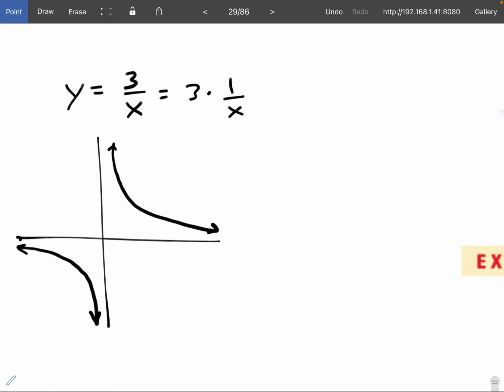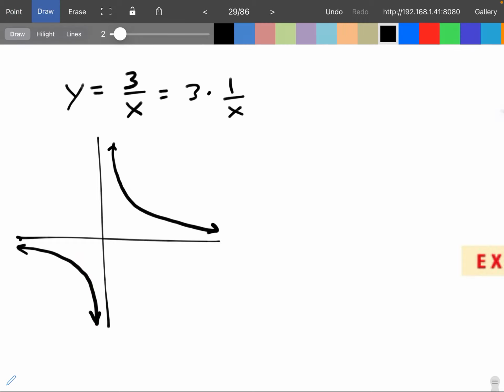What other points did I have for you? When we talked about this graph before, we didn't really talk about horizontal asymptotes and vertical asymptotes. A horizontal asymptote is a horizontal line that the graph gets closer and closer and closer to, but never touches.